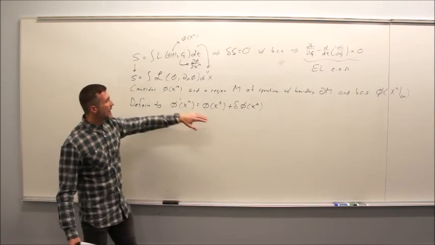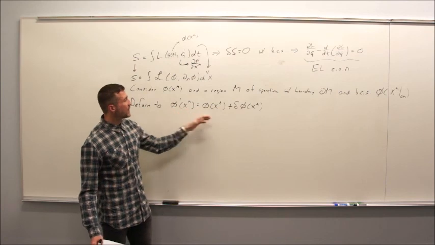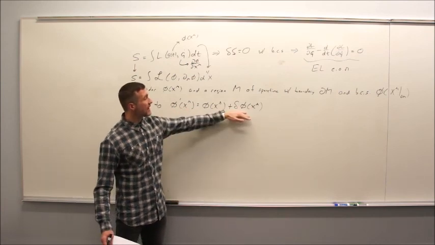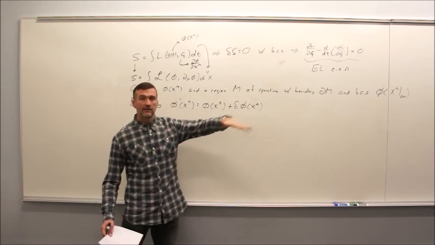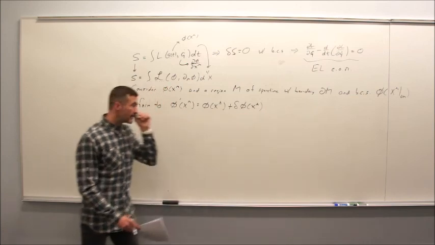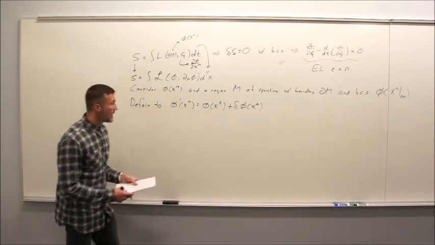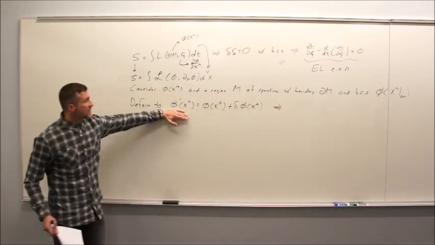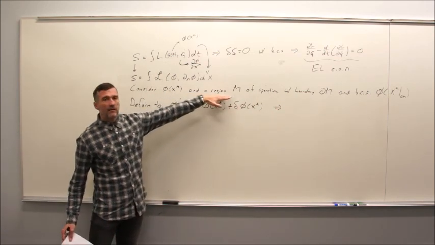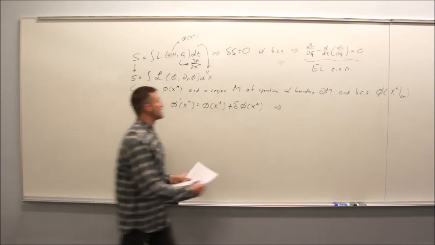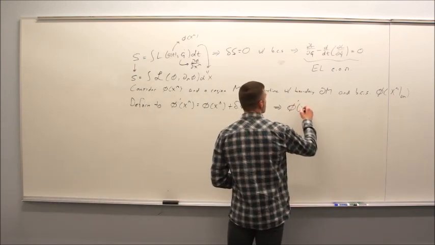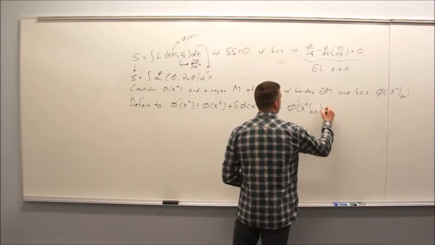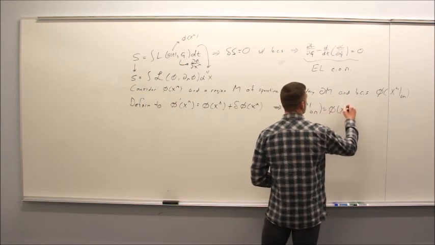Then I create a new field configuration by varying this thing, but I can vary it differently wherever I am. I can wiggle it differently at different points. But I want this field configuration to also satisfy my boundary condition. So I want phi prime on the boundary to be the same as phi on the boundary.